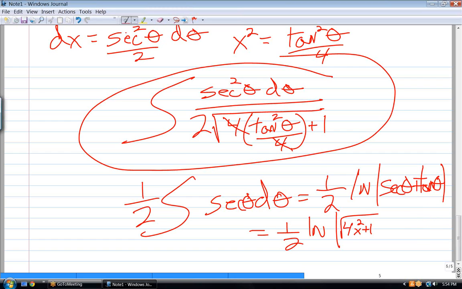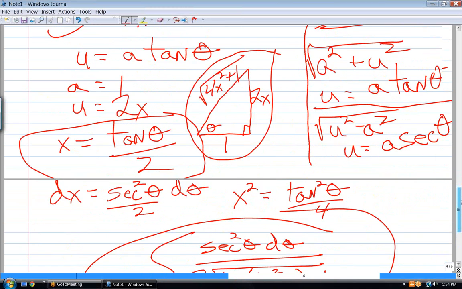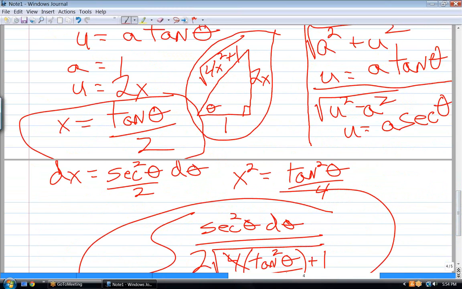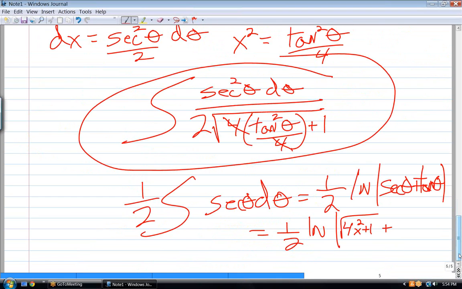And then I need the tan of theta. Well, reading from that same triangle, what's the tan of theta? It's 2x. Right. So plus 2x.